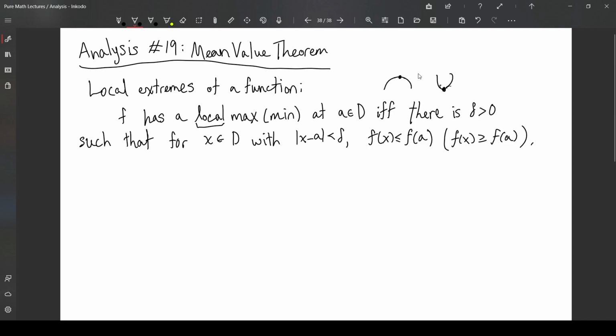Okay. The next thing is we are going to recall the interior of a set D. This was introduced in the topology series, but here we're just going to rephrase it in an analysis framework.